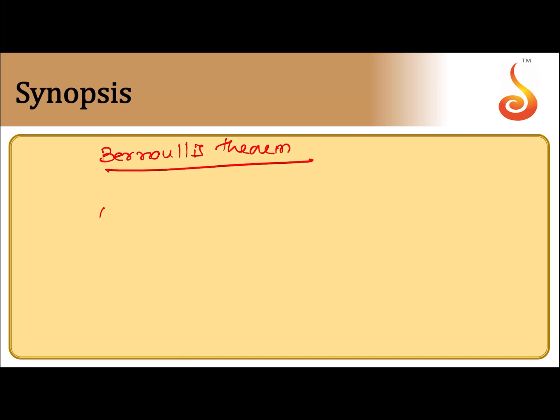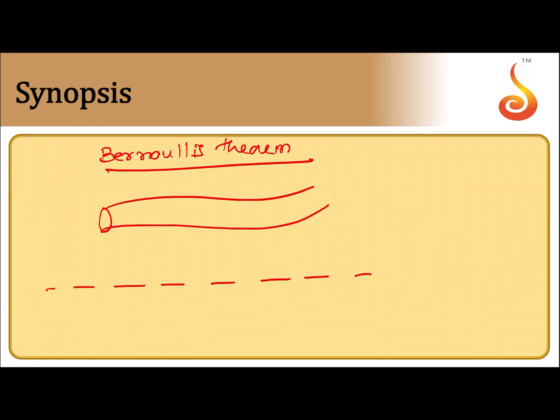For example, you can consider a liquid flown in a pipe. Now, I can say this is of cross-sectional area A1. Liquid enters this at a speed V1 and this is at a height H1 and the pressure here is P1.